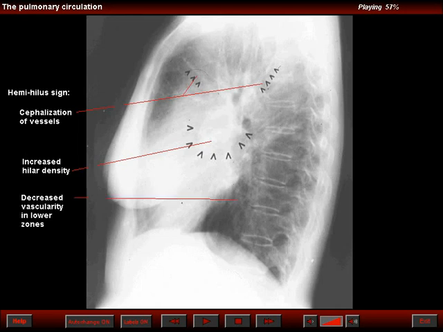And this is because of the flow redistribution due to narrowing of the pulmonary arteries and veins of the lower lobes. This is why the name hemi-hilus, meaning that we only see half of the hilus. We really are seeing the upper half and the lower half, but the upper half is more prominent than the lower half.